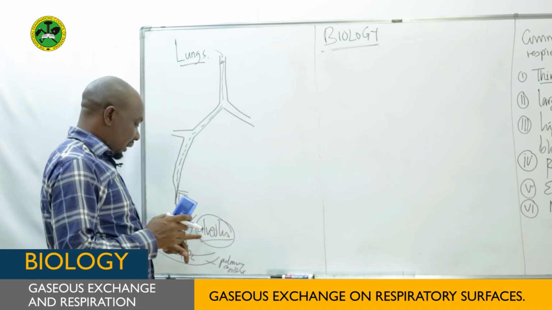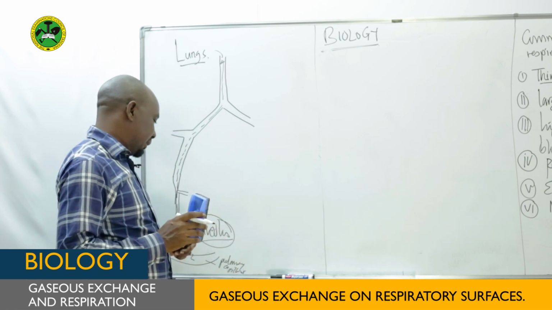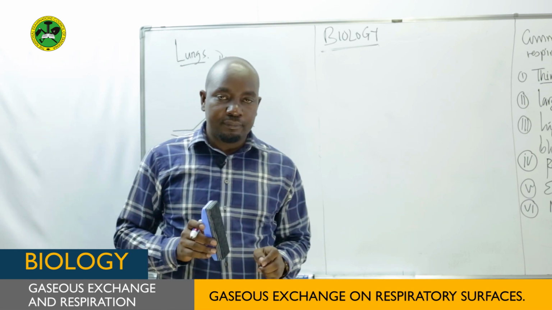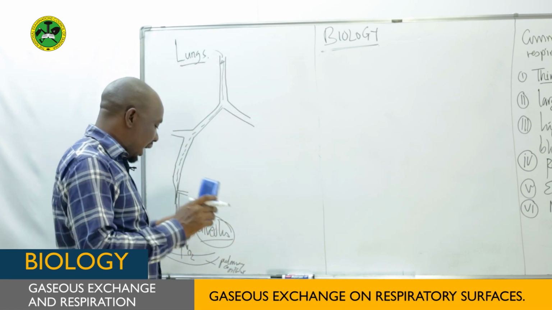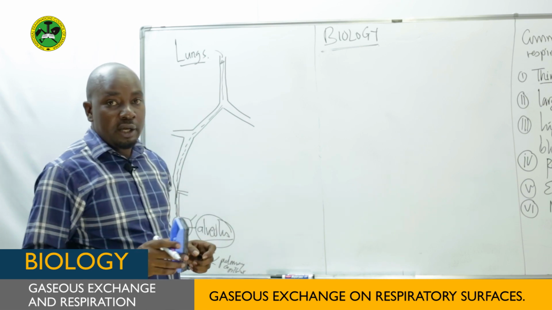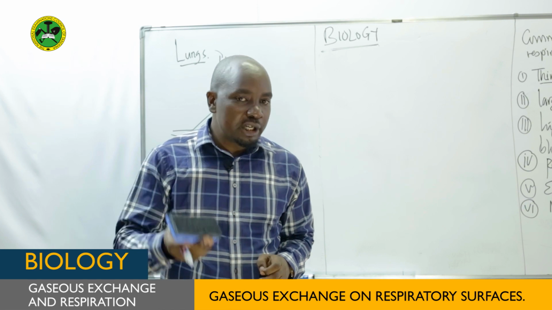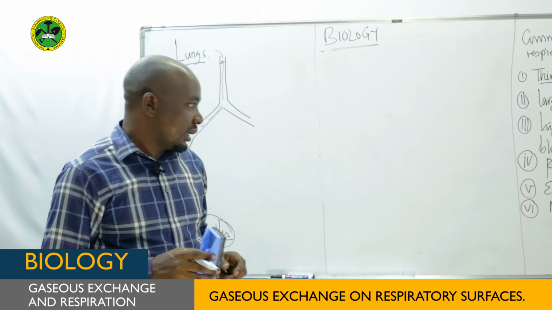Then let us see how these alveoli are capable of performing their function. In other words, we need to understand how the alveoli perform their function, or the adaptation of this to the function they perform.